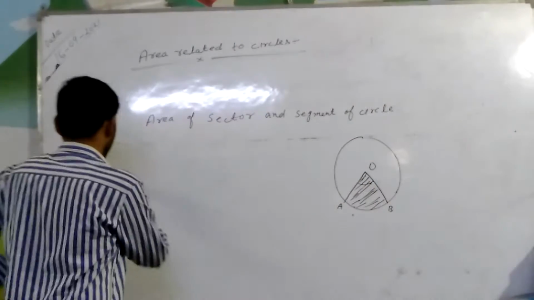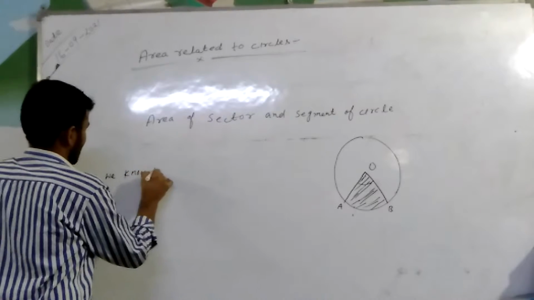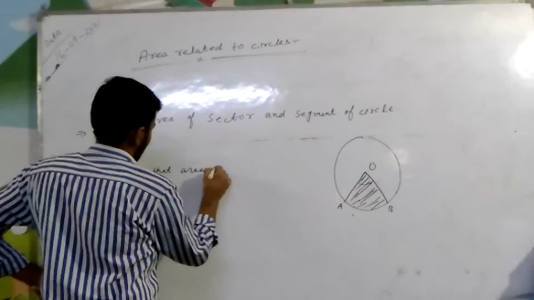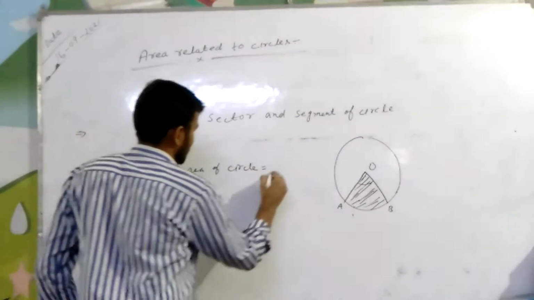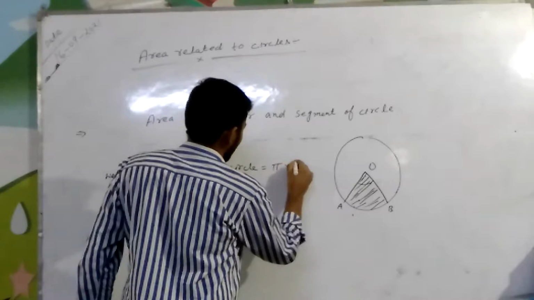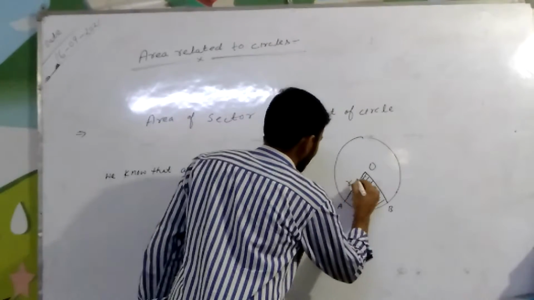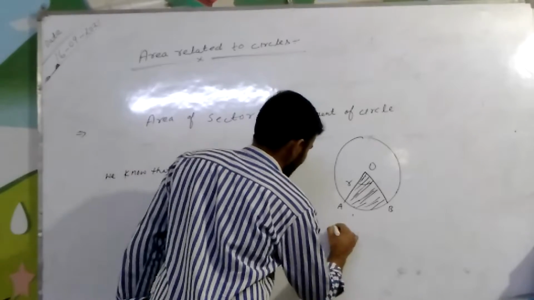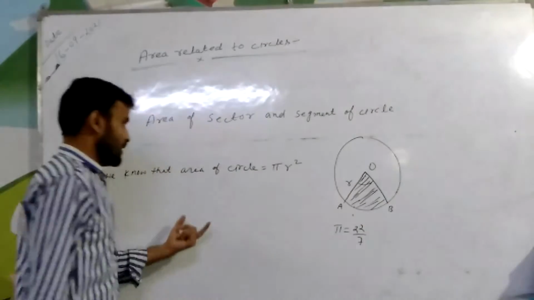We know that the area of a circle is equal to pi r square. R is the radius of the circle and pi is equal to 22 upon 7.